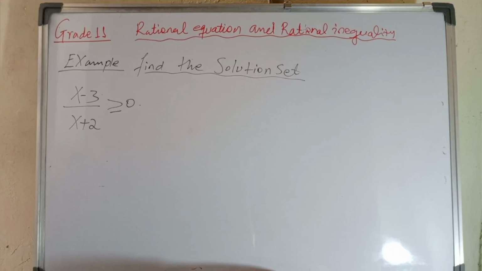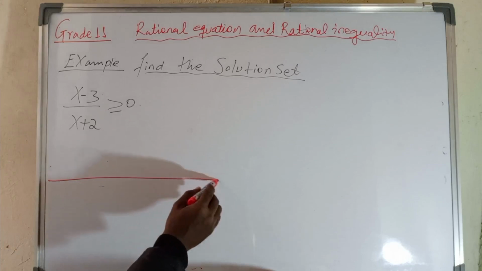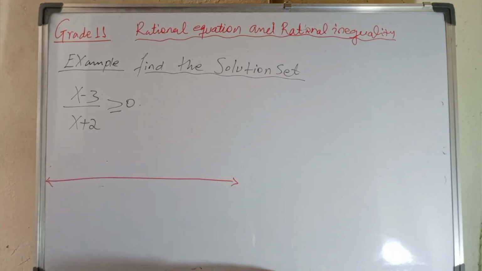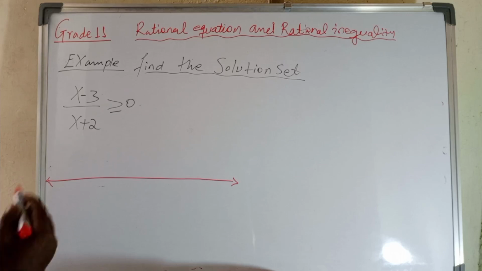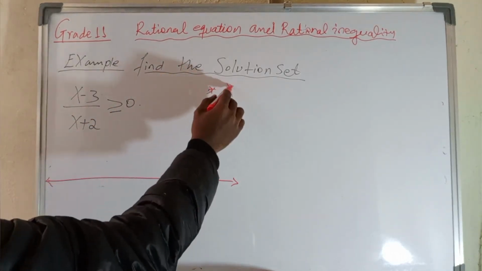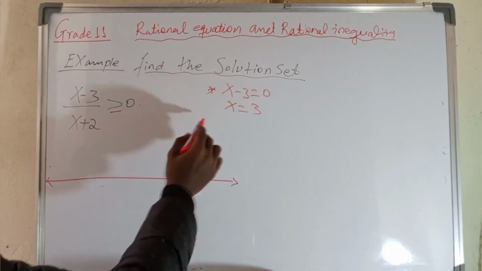Let us see one example. Okay, let's see this given example. x minus 3 divided by x plus 2 greater than or equal to 0. Let's start with a number line. Now we need to start with the numerator equal to 0. Step 1: x minus 3 equals 0, x is equal to 3.